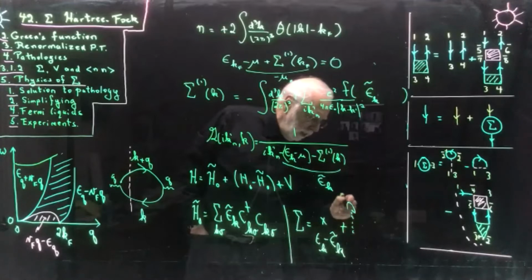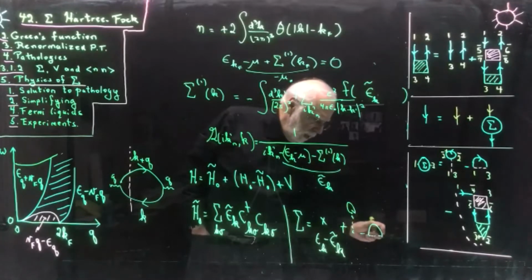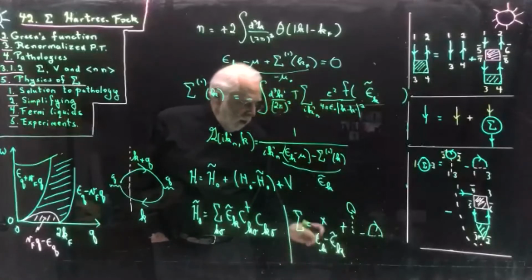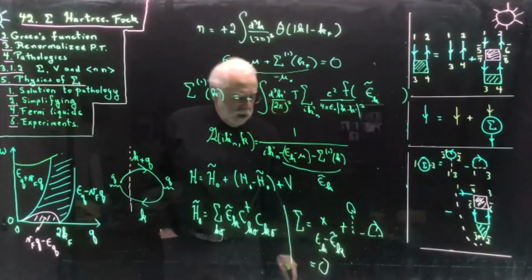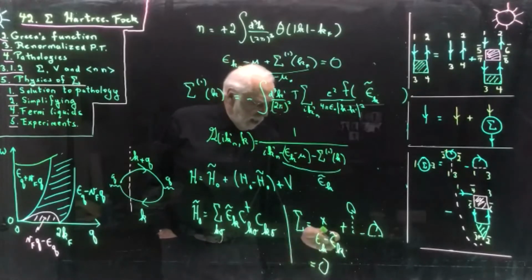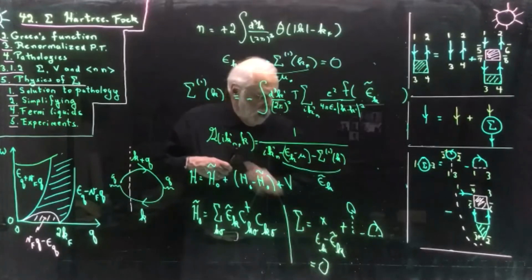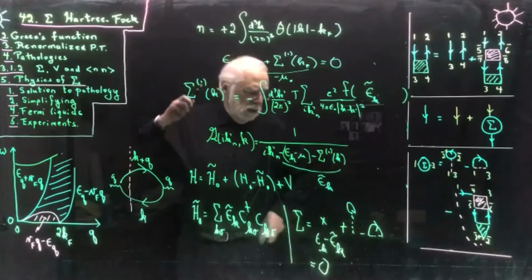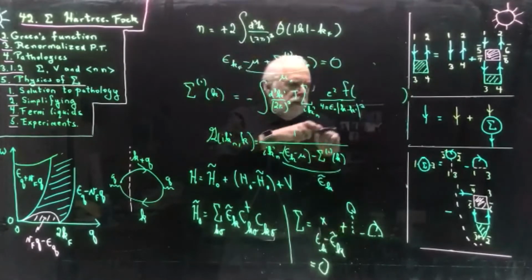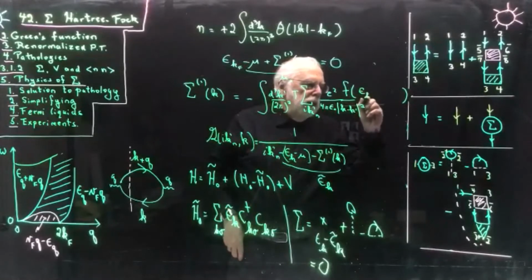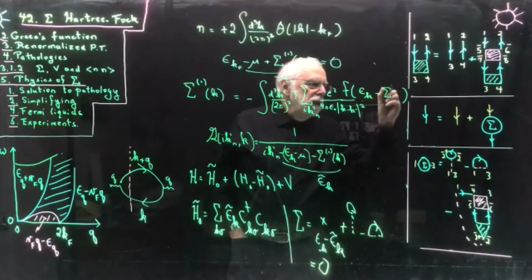In other words, this minus this. Okay, and now if I ask that this self energy is equal to 0, what do I get? I get that epsilon tilde of k is equal to epsilon k minus sigma 1 of k. Okay, if I put the chemical potential, I have plus mu.